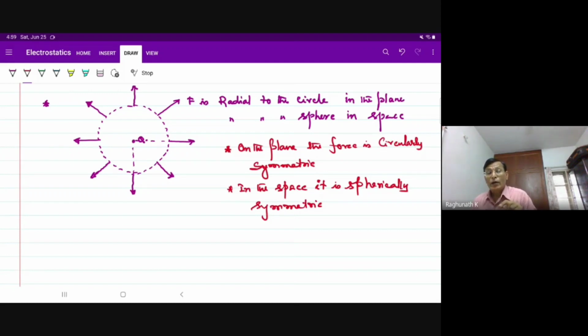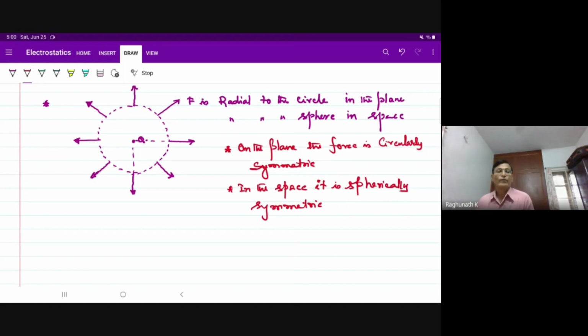In circular coordinates, the force is everywhere radial, denoted by a_r, and in spherical coordinates, the force is everywhere radial, denoted by a_r. Even though the directions are different in the Cartesian coordinate system, in the respective coordinate systems they are named by the same vector. To exploit the advantage of using different coordinate systems, we should know this symmetry.